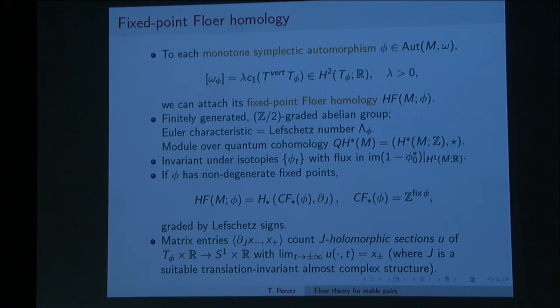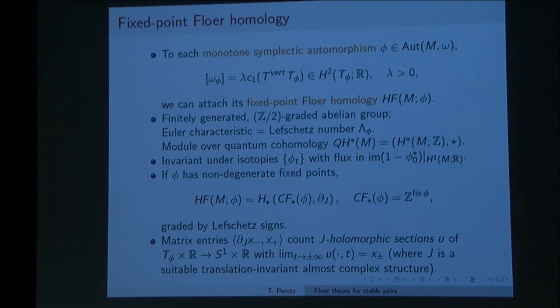All right. So fixed point Floer homology. Well, so if you have a monotone symplectic manifold and a monotone symplectic automorphism, so one such that the corresponding two-form lies in a cohomology class proportional to the Chern class of the vertical tangent bundle, it has a fairly simply defined fixed-point Floer homology, HF of M and phi.